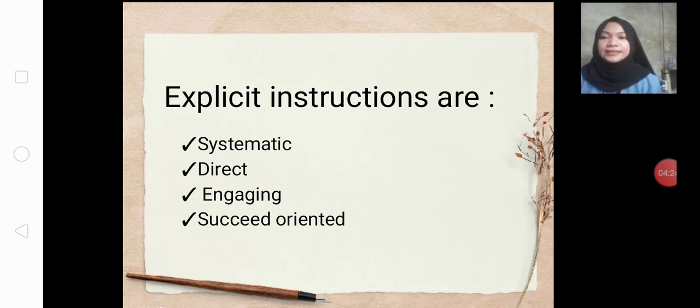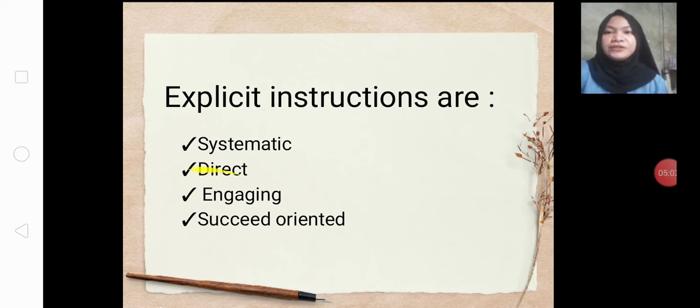And also it is direct, like I said earlier, a direct, structured way of teaching. Engaging, since you need to catch the attention of the students and make sure that everyone is participating. Success oriented: as a teacher, from the start, middle, up to the success, you are guiding your students. That is why it is really systematic.